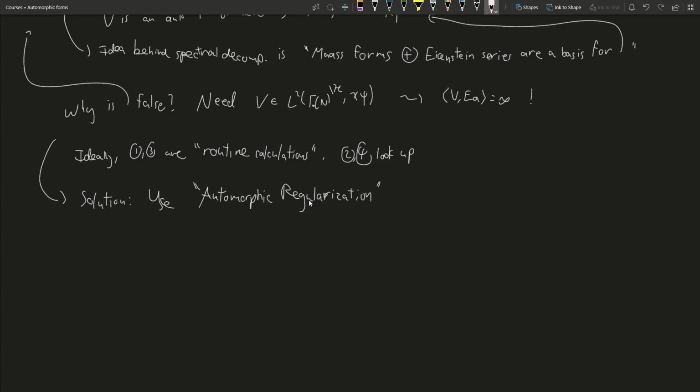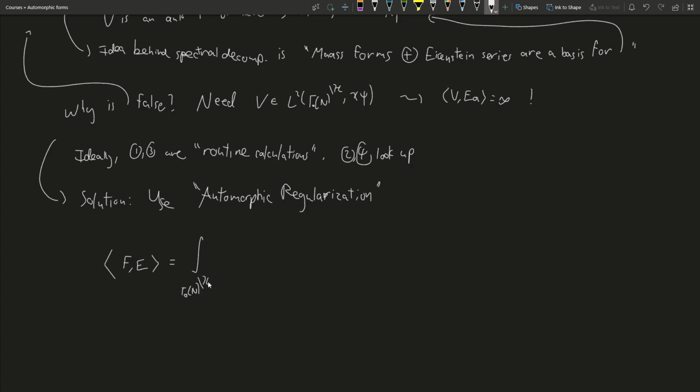But here's the idea. So the genesis of the idea is, in general, if you want to look at this inner product of, say, some function f with this Eisenstein series at infinity, you can look at this as this integral, so this is the definition of the inner product.